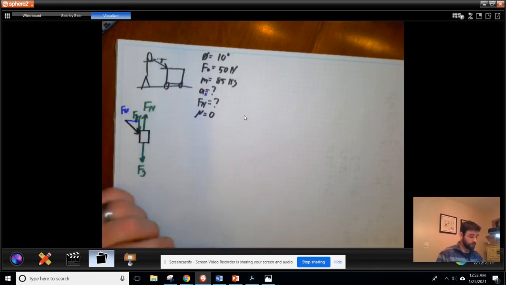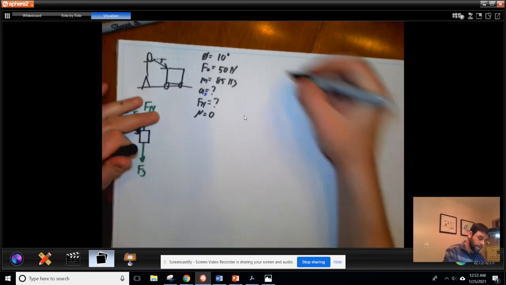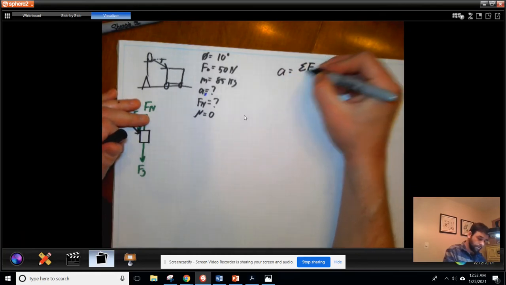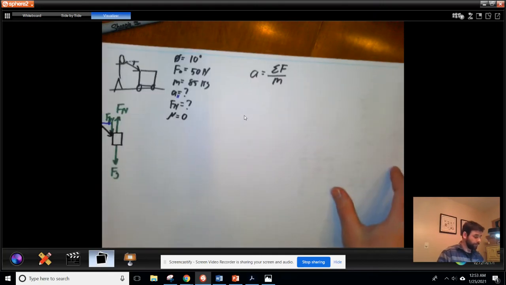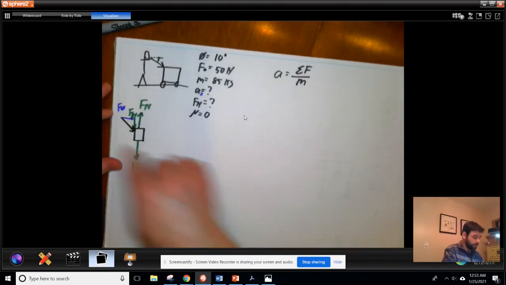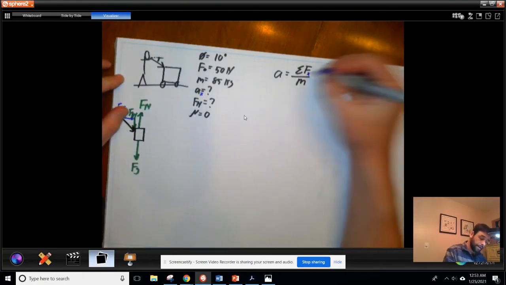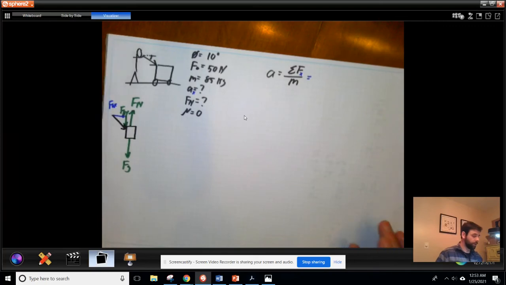Okay, so my acceleration, if I want to know that, acceleration equals net force divided by the mass. Right? Now, the net force is obviously going to be in the x direction here, so I should tack that in there. Okay, now let's list out all of the forces acting in the x direction.